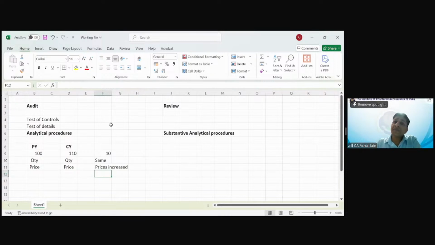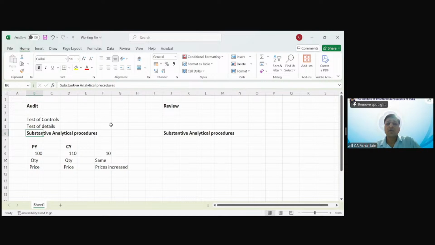You are trying to substantiate this information. So you are substantiating this information by looking at the underlying data, but your objective is not to test various samples. Your objective is only to substantiate this. If you do that, what do you call it as? Substantive analytical procedures.